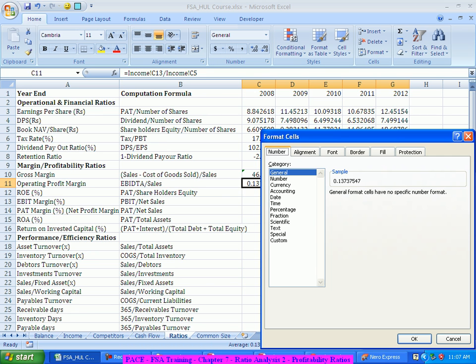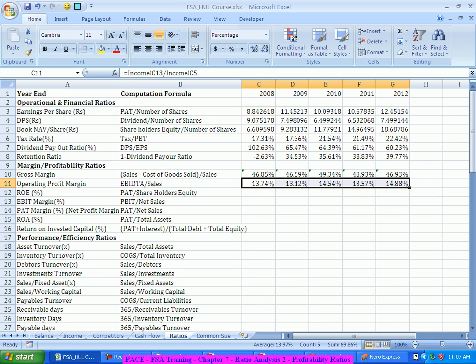Now let's see a better number. 14.88% is your EBITDA. Look at these two. Here this is almost 2% lesser, but here it has almost 2% more, or 1.5% more. Which means the difference between the two is employee costs plus other costs.